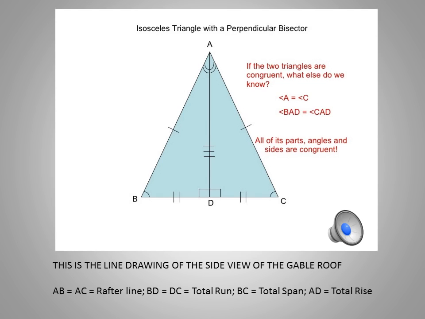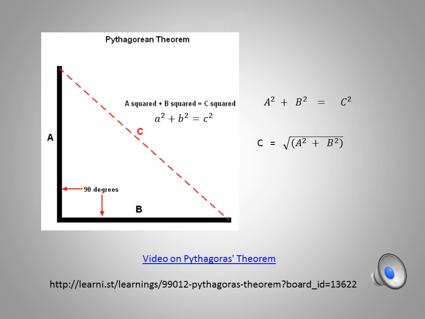in order to calculate the common rafter. A quick review of the Pythagorean theorem will show us what we need to know for roof geometry. Remember, Pythagoras only works for a right-angle triangle, so there has to be 90 degrees. In this triangle, the vertical arm is A, the horizontal arm is B, and the hypotenuse, which is the sloping arm, is C. And A squared plus B squared is equal to C squared.